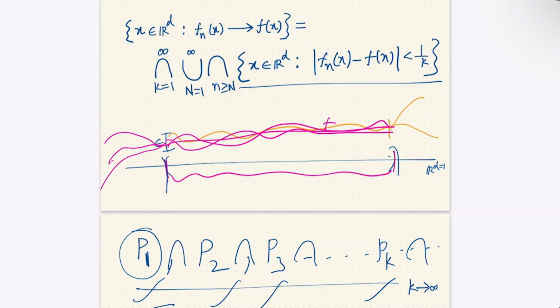After a certain stage, all the things come under this one. But the key thing here is the pointwise convergence.